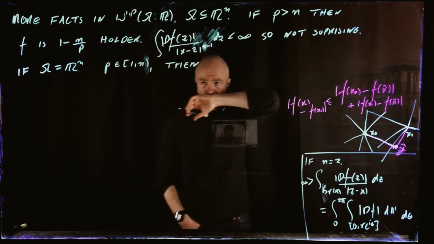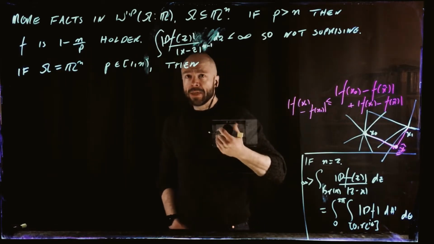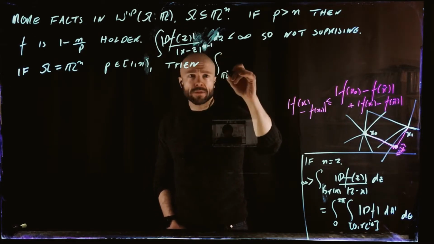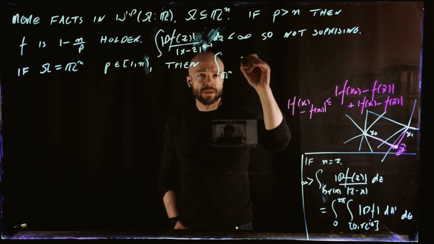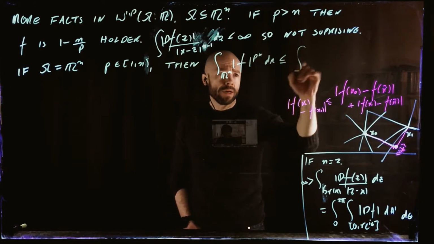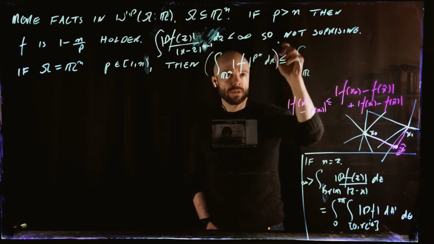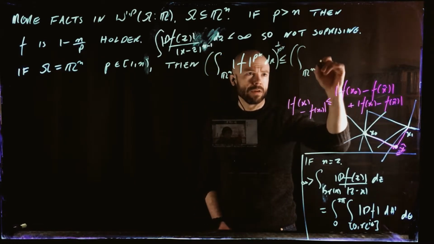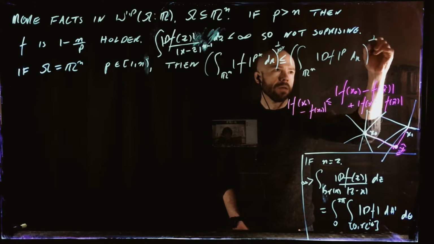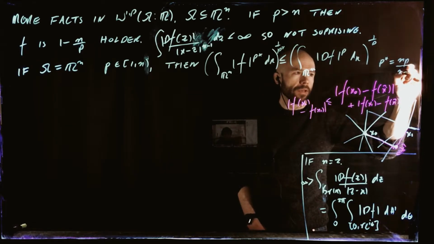So if p is between 1 and n, then we don't have such good things, but we do have good things in the sense that we have improved integrability: the integral of the function, over all of R^n, up to this exponent, which I'm going to define as p star, of f dx to the 1 over p star, is bounded by the integral over R^n of the gradient of f to the p dx to the 1 over p, where p star equals np over n minus p, like this.